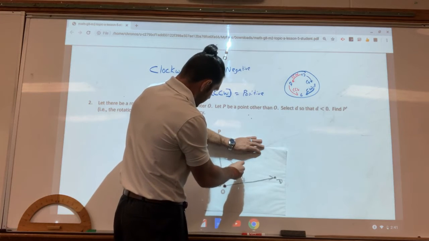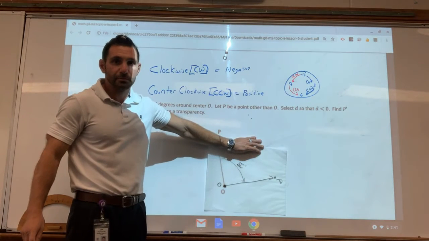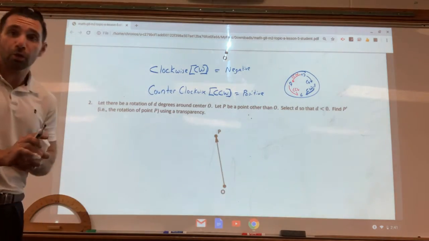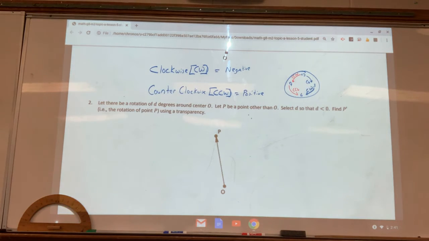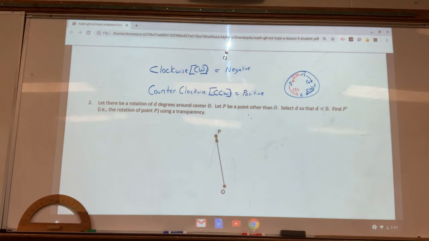We're going to call this 80 degrees. Okay? So if I rotate this clockwise, the rotation is negative. If I rotate it counterclockwise, the rotation is positive. We're rotating it around whichever point they tell us to.